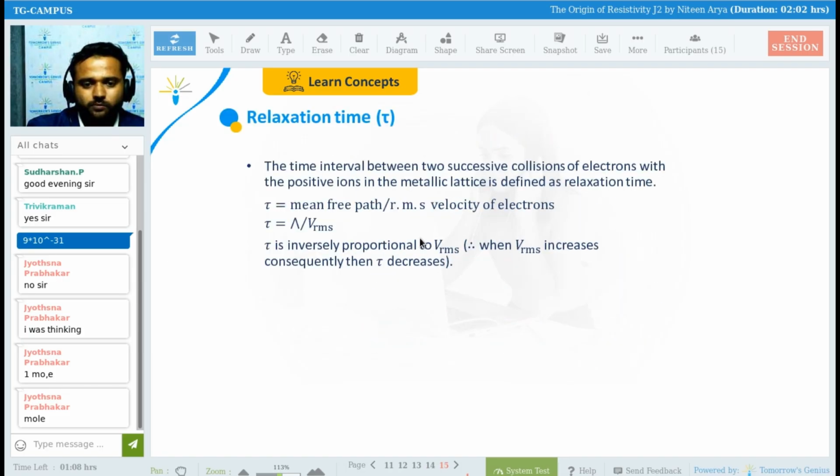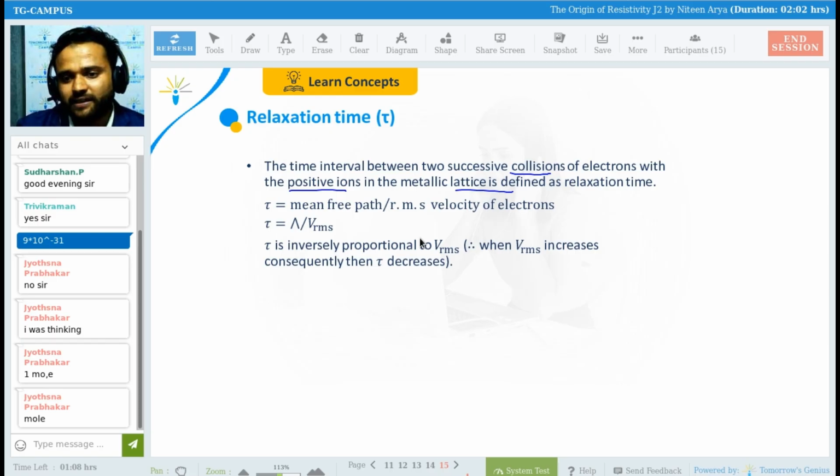Moving ahead, now relaxation time. In a proper definition, it is the time interval between two successive collisions of electrons with the positive ions in the metallic lattice. What the metallic lattice is will be defined in chemistry or in higher classes in physics as well.